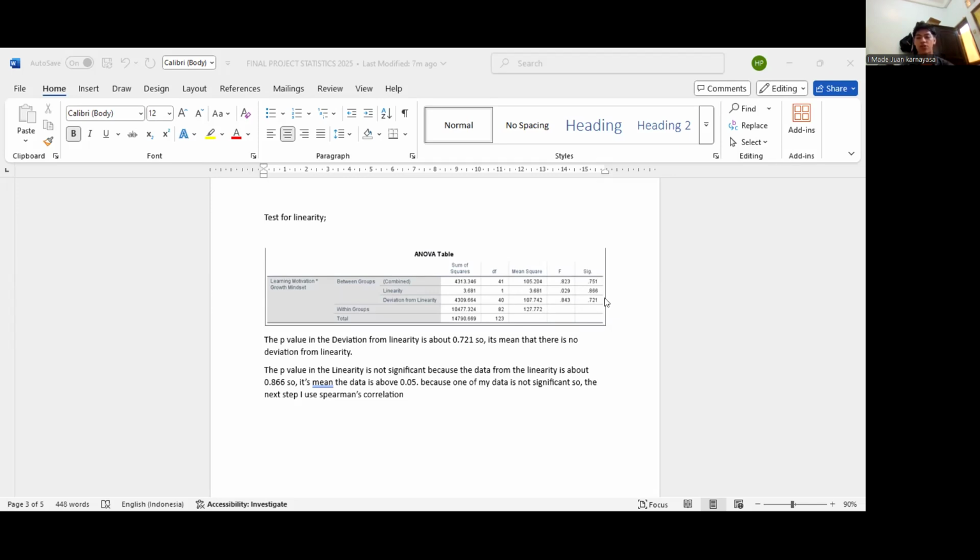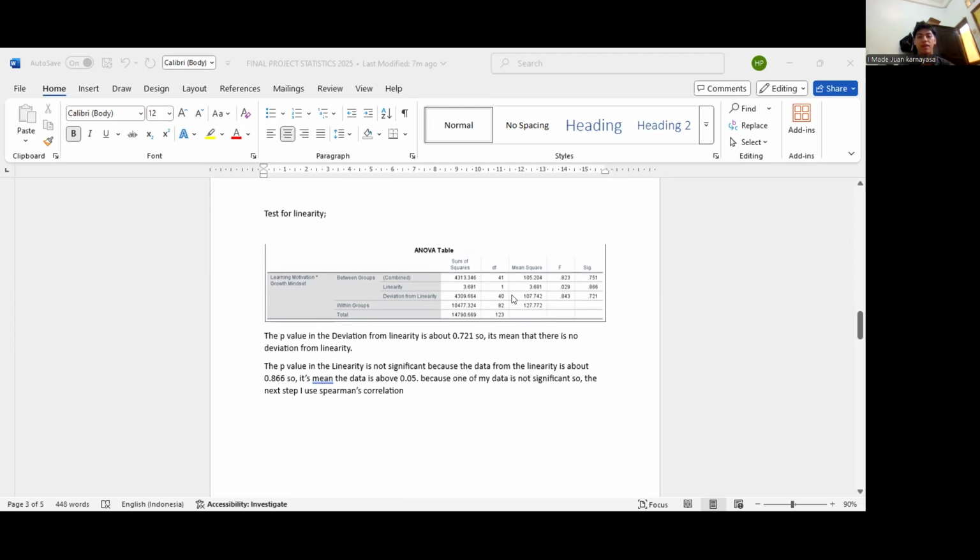So that is not good, because that is not what we expect. Because one of my data is not significant, for the next step I should use Spearman correlation.